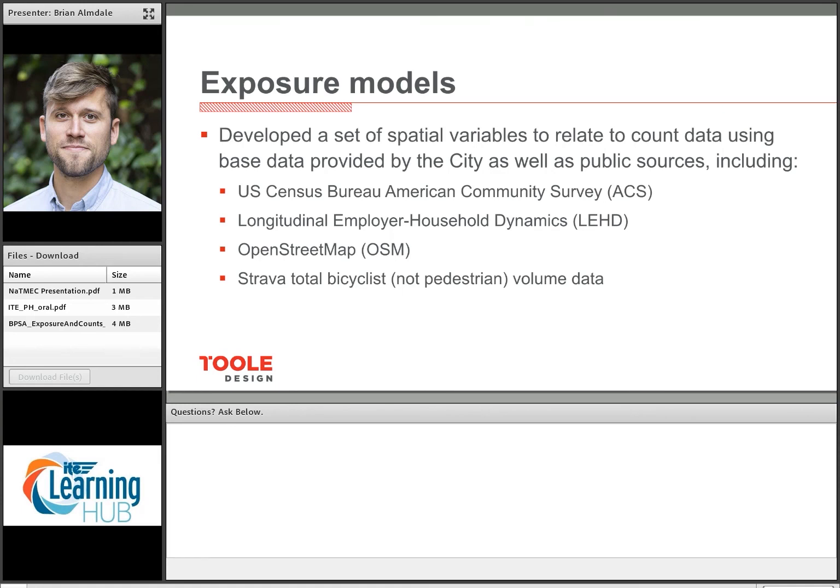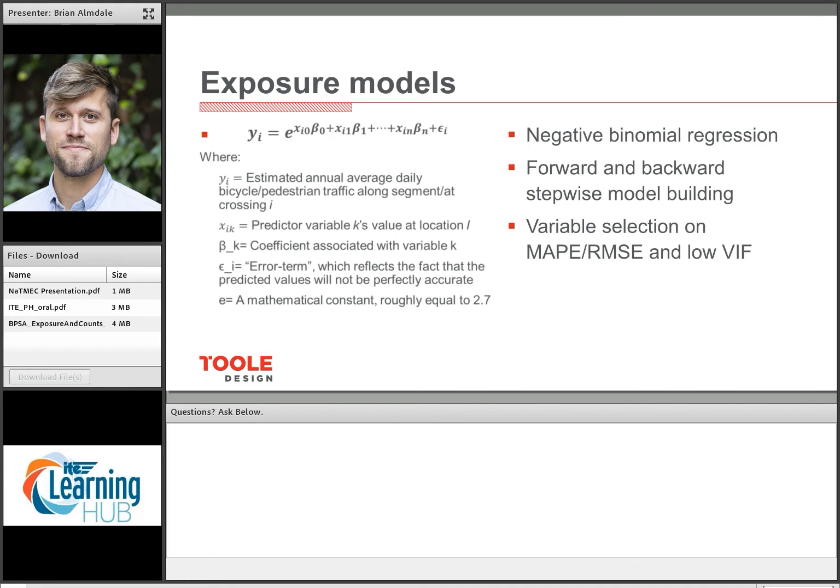We used Strava data for bicycling exposure, but only as a predictor in the model, as we understand Strava's population of bicyclists is known to differ from the general population in some important ways. We also excluded Strava's pedestrian volumes because the majority of Strava's users are recreational runners and joggers, and that only represents a small portion of pedestrians and pedestrian trip types.